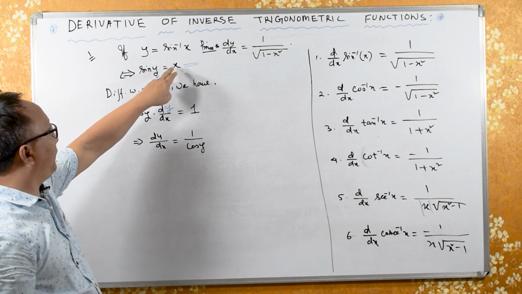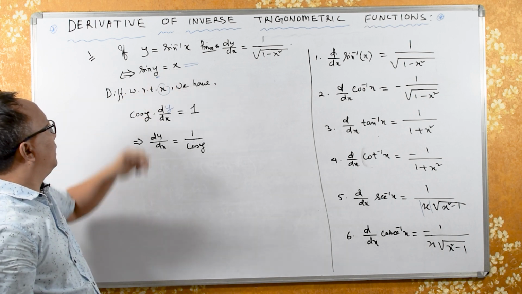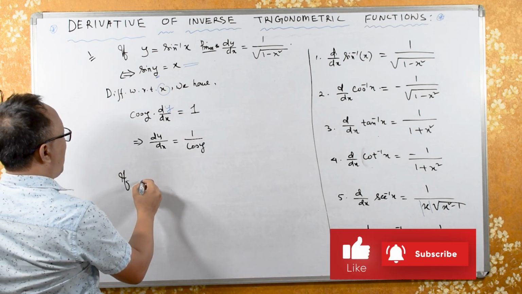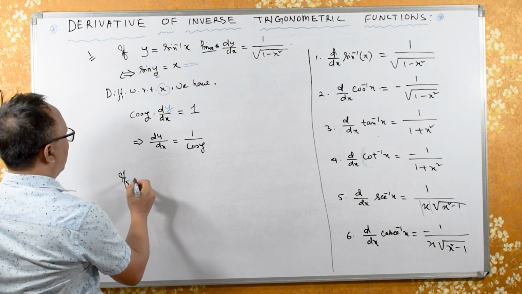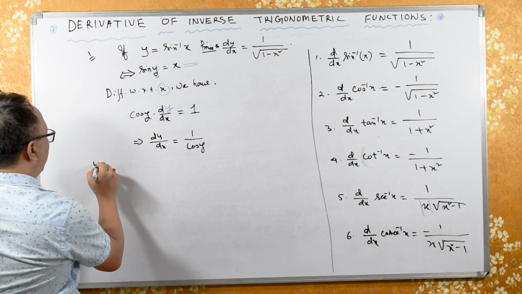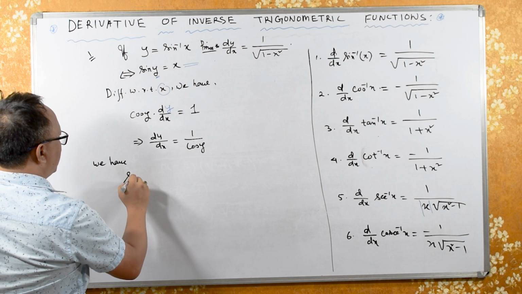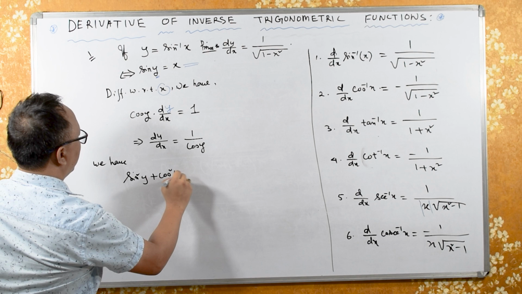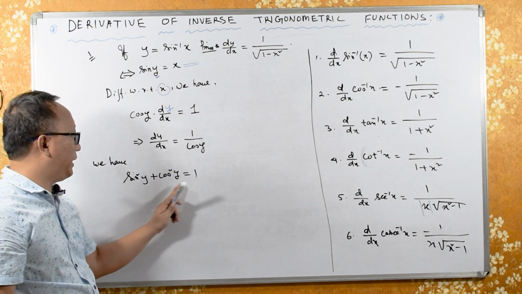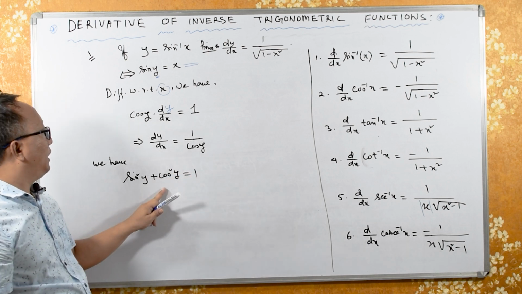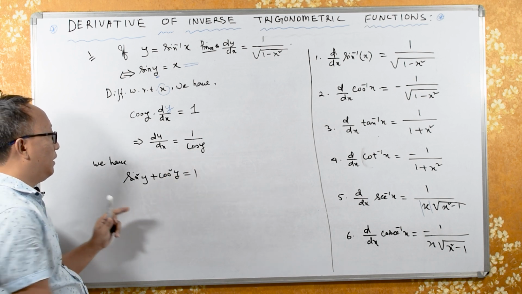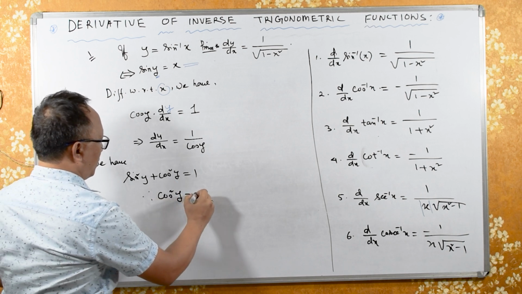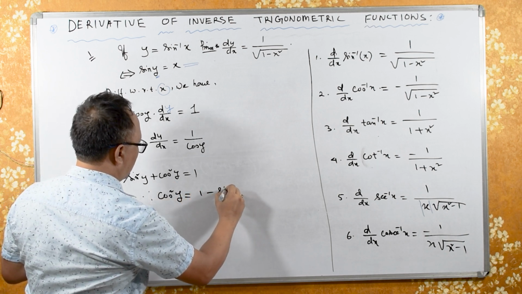Look here. We have the identity sine square y plus cos square y equals 1. Now if you want to find cos y, cos square y equals 1 minus sine square y.